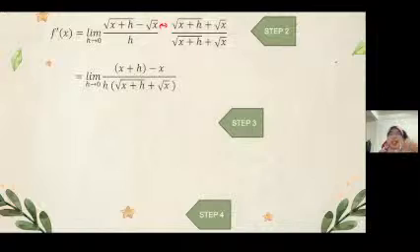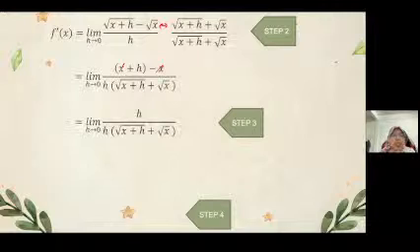And then what happened is that you're going to simplify them. So x minus x, those will cancel out each other. So we are left with h. So we got the limit as h approaches 0 for h over h, multiply with the square root of x+h plus square root of x. Again, if you do try to substitute with h equal to 0, you are going to come out with the same conclusion, which is 0 over 0.